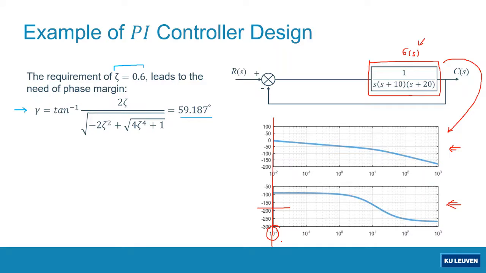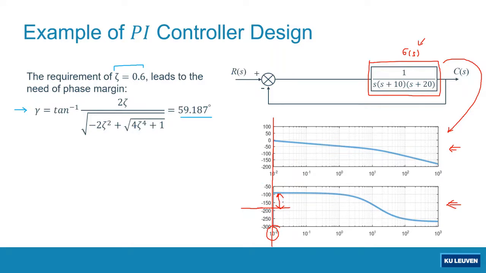From here we can calculate the phase margin. The phase margin again is the distance of the phase in our phase plot to the negative 180 degrees line. So if this is negative 180 degrees, the phase margin will be about this. This is our current phase margin. Probably roughly this will be about 80 to 90 degrees, I guess, right?